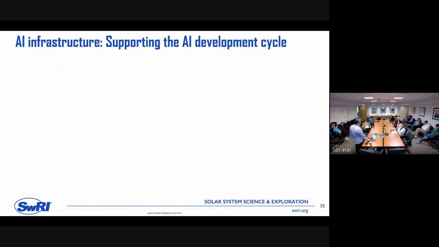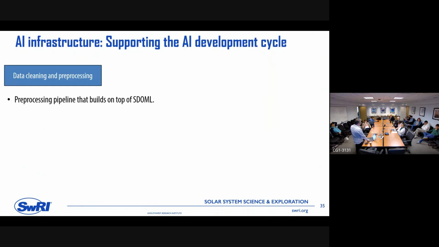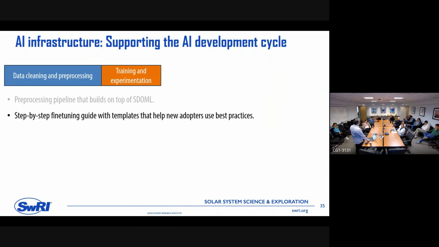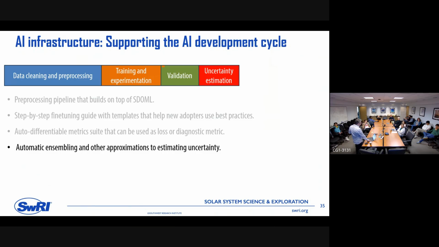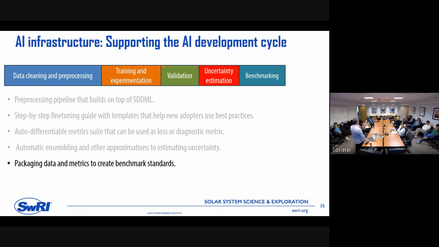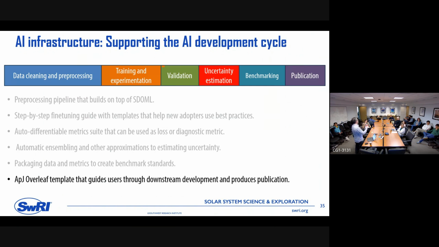One of the things we are doing is creating protocols for framing the AI exercise so that it's easy for people to follow: pre-processing, fine-tuning, step-by-step guides, metrics that people can use for their own purpose that are auto-differentiable, ensembling and uncertainty, benchmarking, and an APJ Overleaf template that guides you through: define your splits this way, calculate the statistics, put them here.